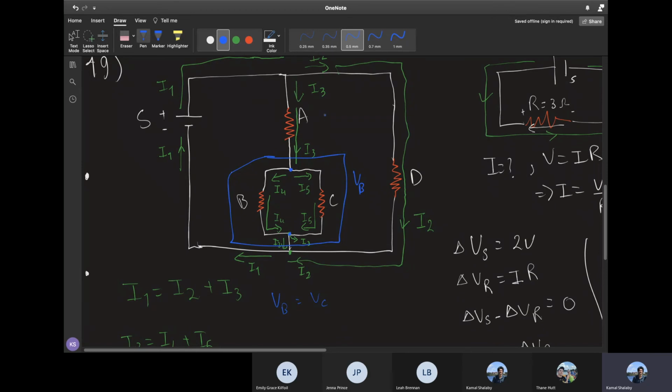So now we have VA plus VB should equal Vs, right? Because here there are 2 junctions.